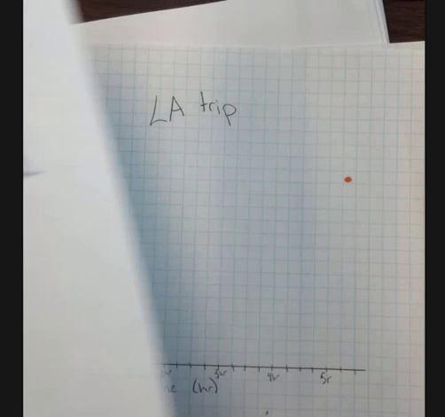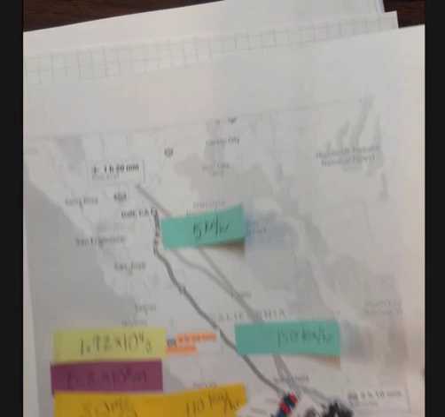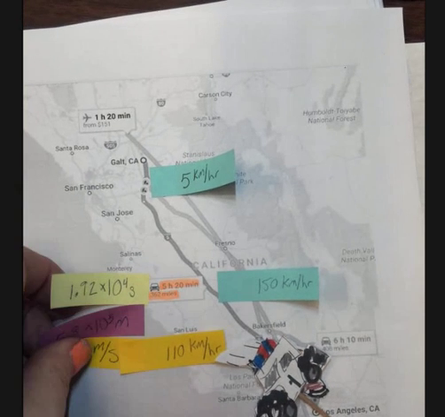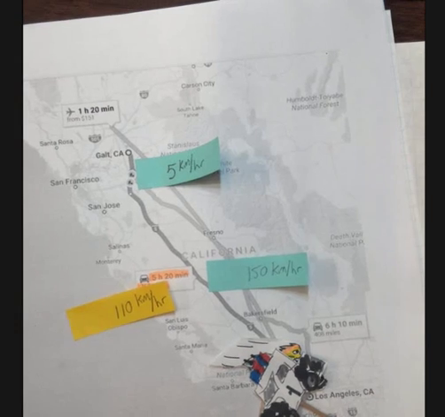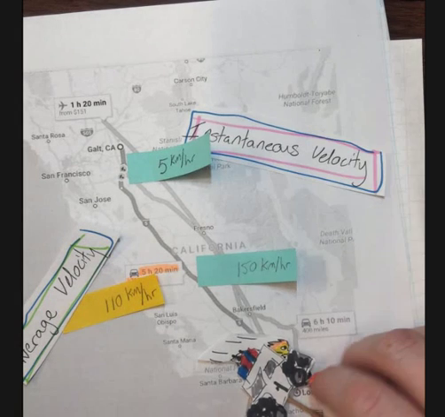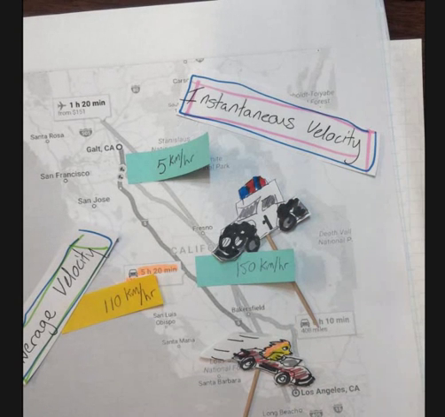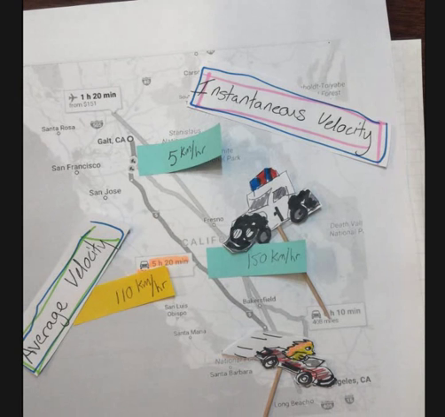All right, let's bring our Los Angeles trip back over here, which has a total average velocity versus the various instantaneous velocities, including the one that got you pulled over. And we're going to take this concept of average velocity versus instantaneous velocity, and analyze it graphically.